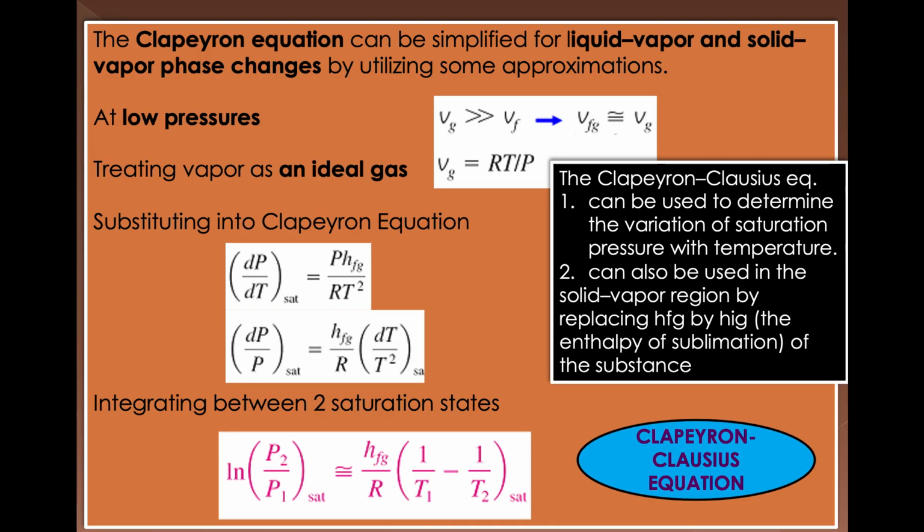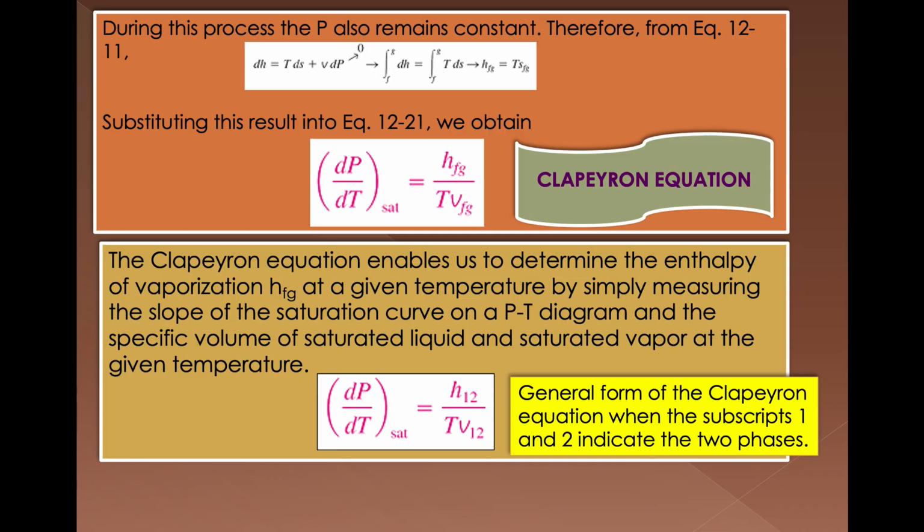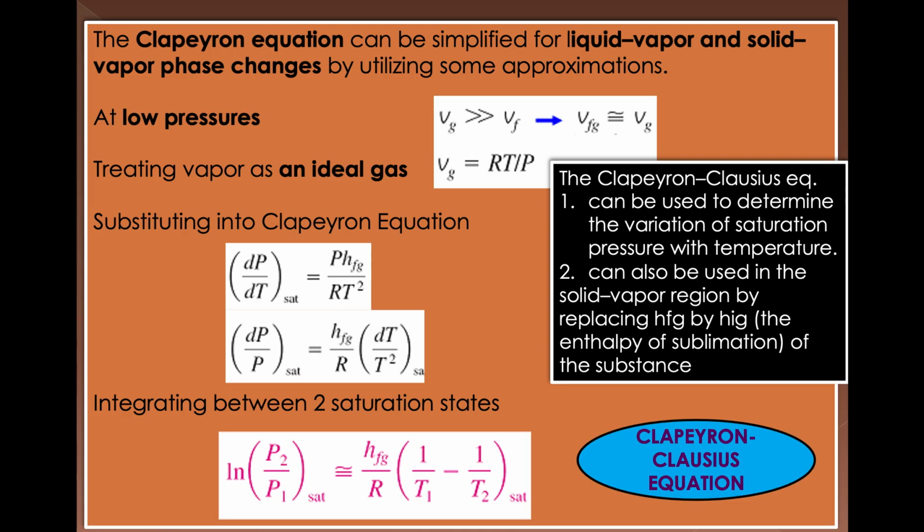The Clapeyron equation can be simplified for liquid-vapor and solid-vapor phase changes by utilizing some approximations, whereby at low pressures vfg can be approximated as vg, treating the vapor as an ideal gas, whereby v equals RT per P. Substituting into the Clapeyron equation, we can get dP/dT.